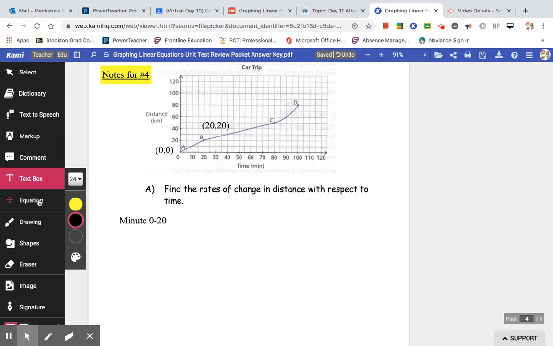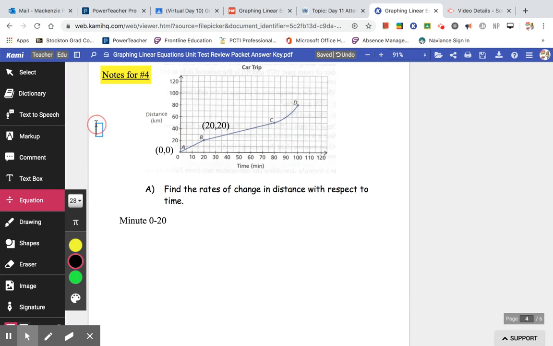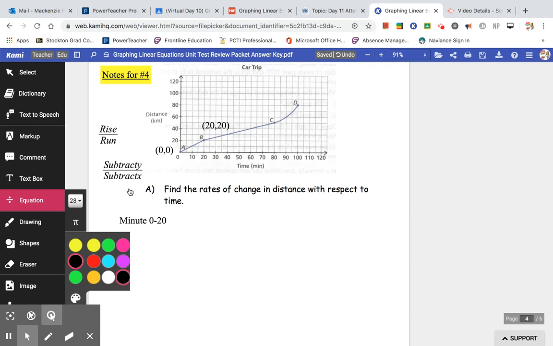We know again that slope is always going to be rise over run, which is the same thing as saying subtract the y's on the top, and on the bottom we're subtracting the x values. The y values are always the second point, and the x values are always the first point.